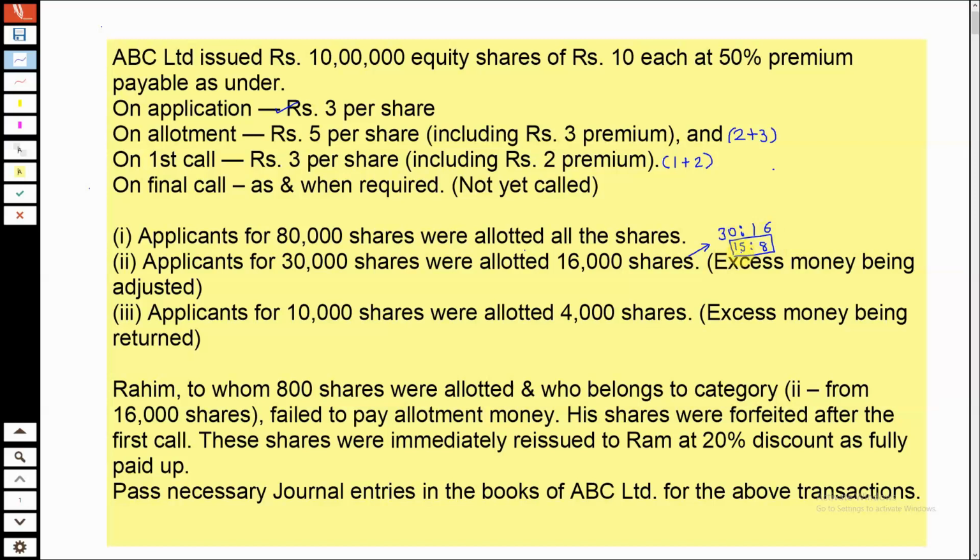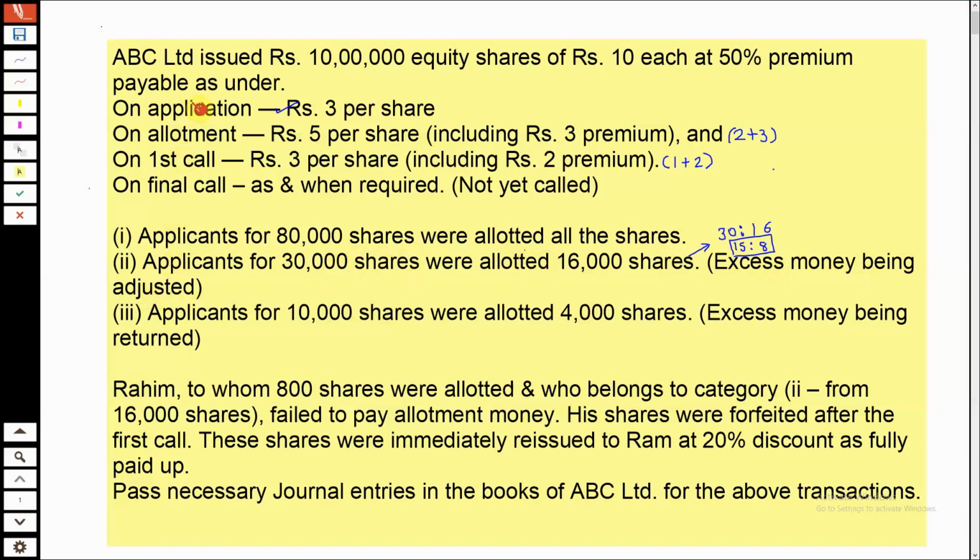Okay, now this ratio is important because the difference of these two amounts, applied minus allotted, will tell you how much extra amount is paid. Now this extra money will always be there in a pro rata case. In both these categories there is extra amount. This extra amount can either be adjusted for the next stage.